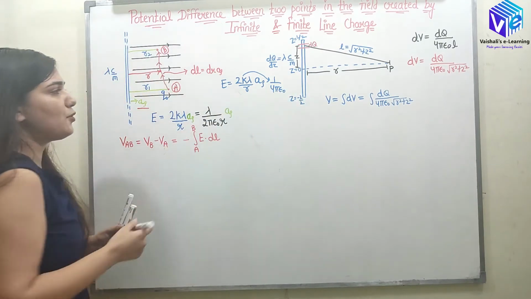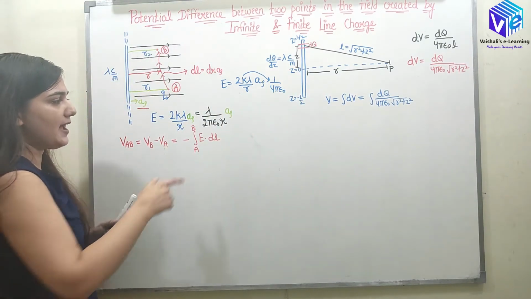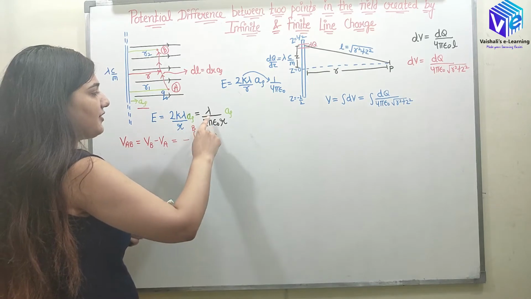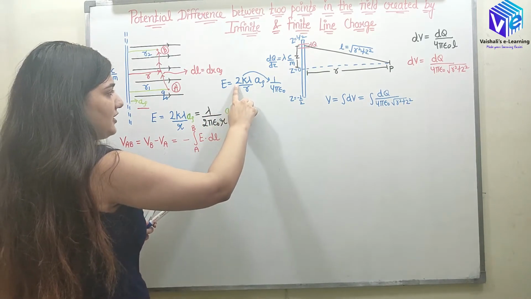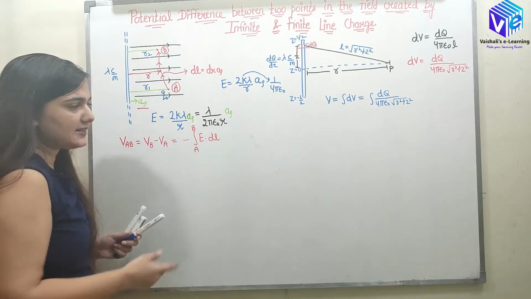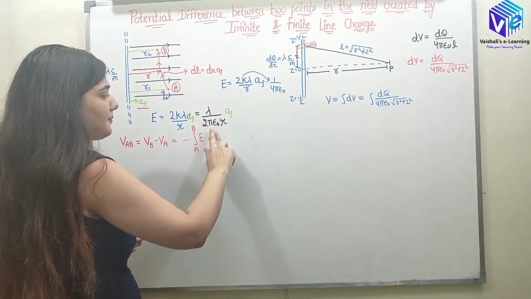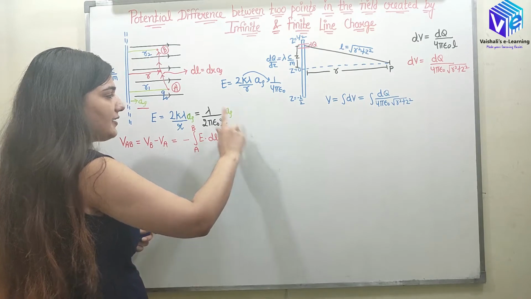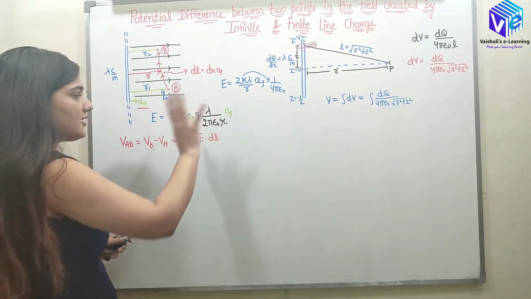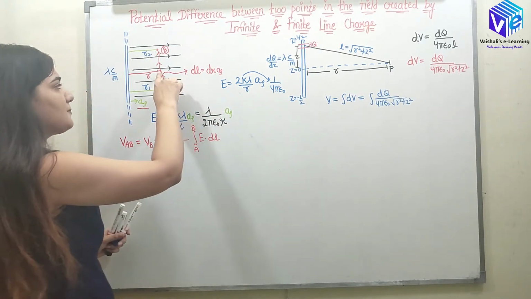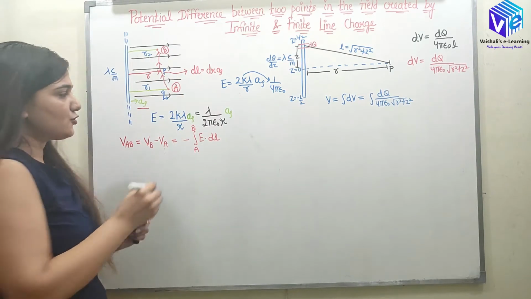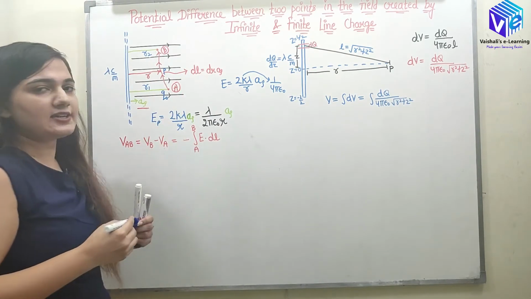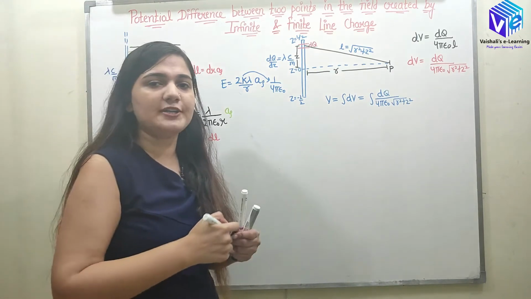When I put K equal to 1 upon 4 pi epsilon naught, the electric field will be equal to lambda upon 2 pi epsilon naught. The 2 and the 4 cancel out, and I get lambda upon 2 pi epsilon naught R in the unit vector direction. So this is my electric field at this particular point. Let's take this point to be P, so here I have found the electric field at the particular point P.